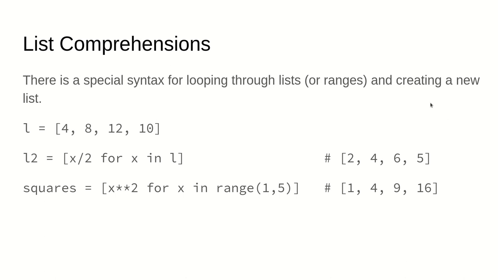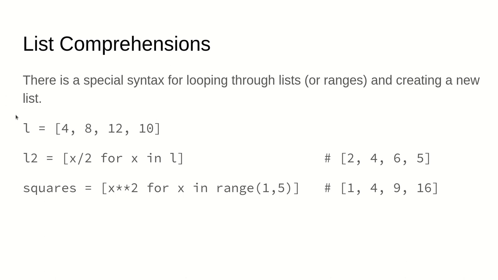So, for instance, if you wanted to add 1 to every item in a list and get a new list where everything's had 1 added to it, you can do that with a list comprehension. And in fact, you can use a list comprehension to loop through any collection, like a range or a list, and as we go through the semester, we will see lots of other collections of data that you'll be able to use inside of a comprehension like this.